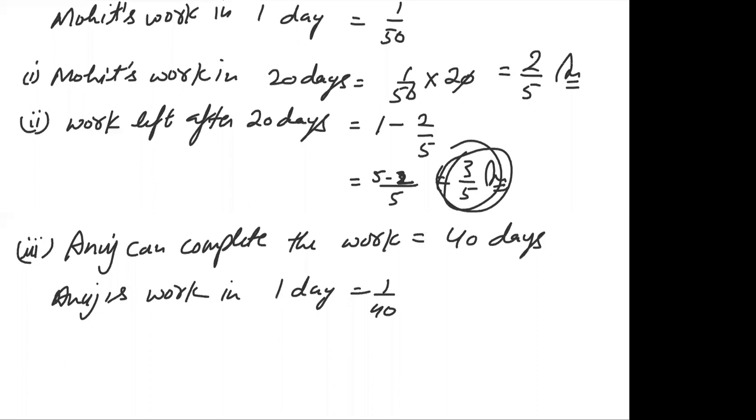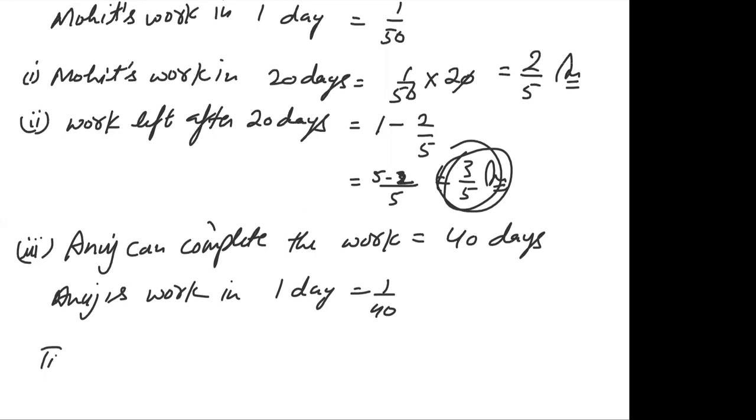So in how many days he will do 3 upon 5 work? Because this is the left work now. So what you have to do is just divide 3 upon 5 by 1 upon 40.